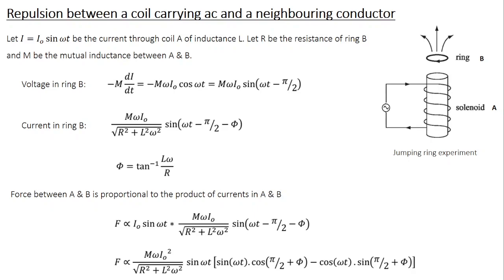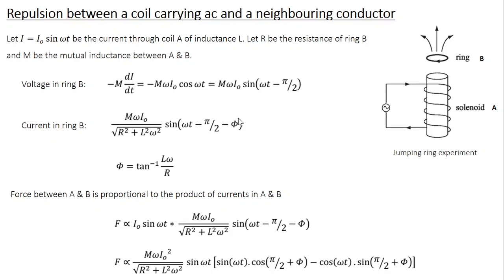So in the case of an LR circuit, we know that current is nothing but voltage divided by the total impedance, which is square root of R square plus L square omega square. We also know that in the case of an LR circuit, voltage leads the current by an amount phi, or current lags the voltage by an amount phi.